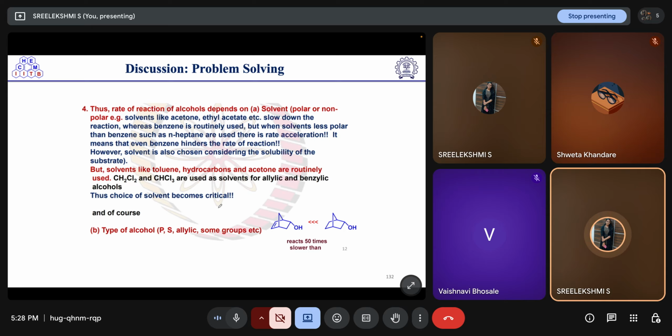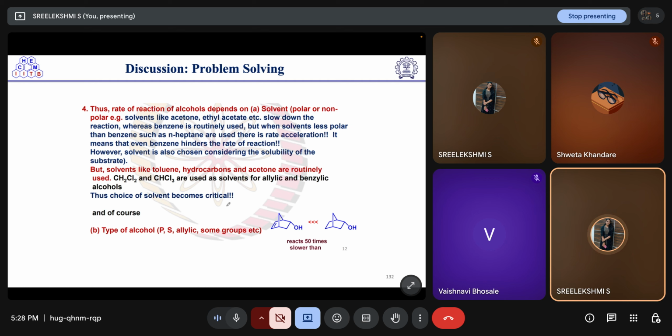So for Fetizon's reagent mediated oxidation, the solvent should be considered. But the solvent should be chosen in such a way that the rate of the reaction is not affected, and the substrate or the alcohol should be soluble in that solvent, because mostly alcohols are polar in nature, so their solubility in non-polar solvents will be less.